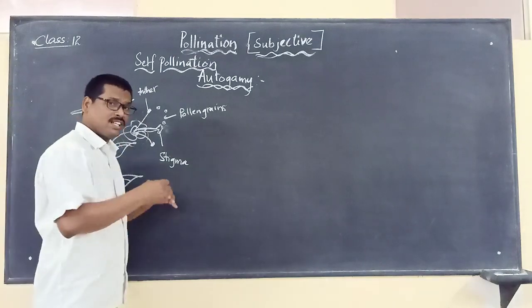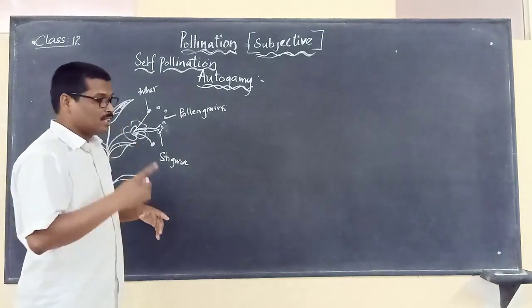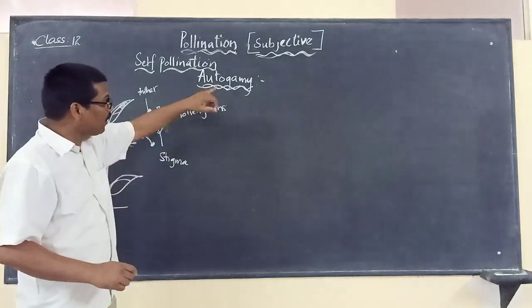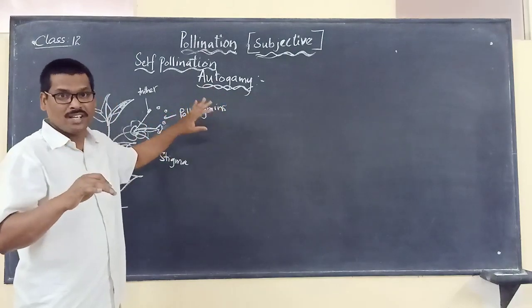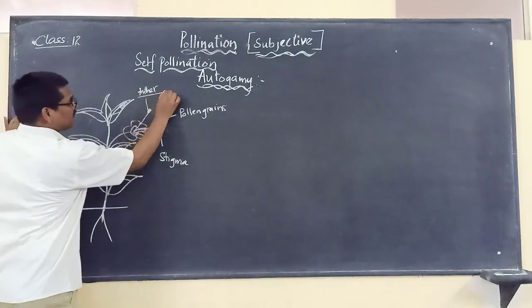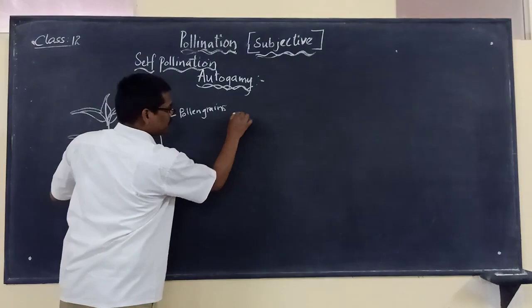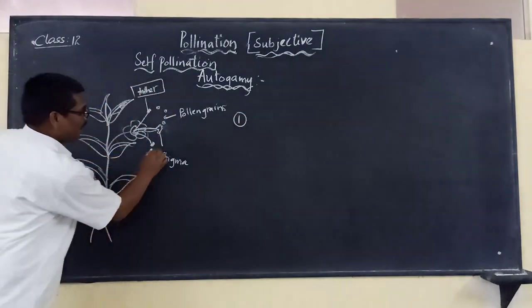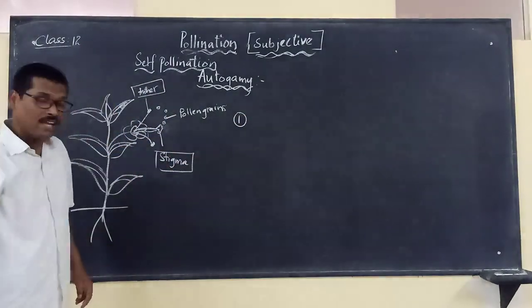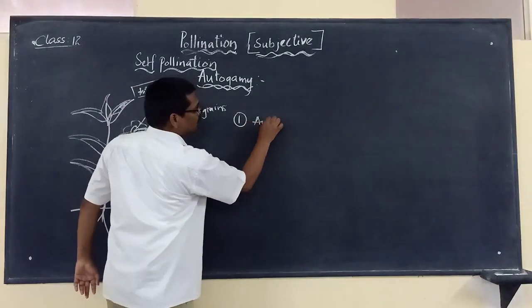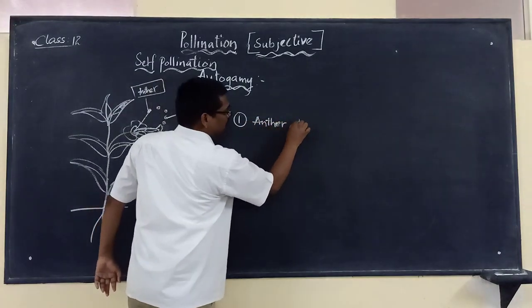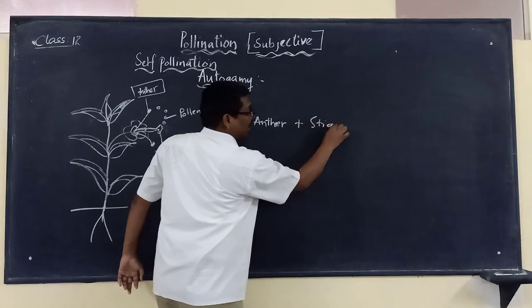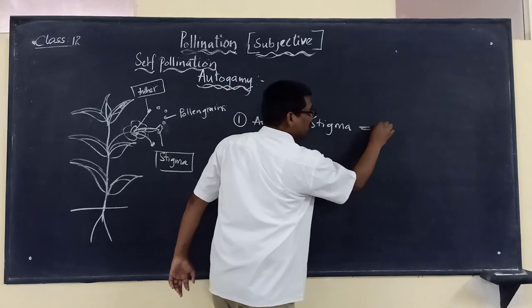Why are we saying it is very rare? Because there are two points which we have to keep in mind. Why is autogamy very rare? The first point is that the anther and the stigma may not be maturing at the same time.